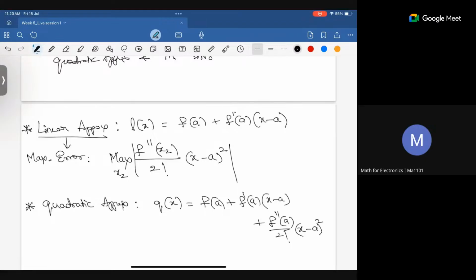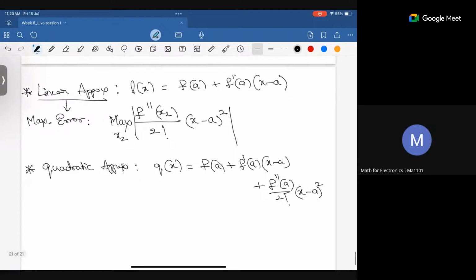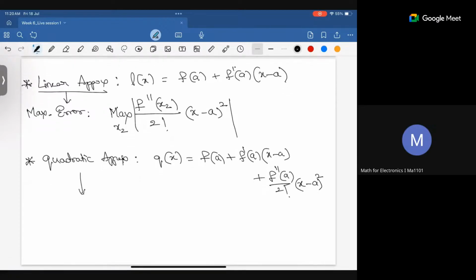The maximum possible error would be, as I said, it's a quadratic approximation, quadratic is 2, so in your max error you will have the third derivative, the next derivative, at some x3. So the max possible error is again the maximum value of f triple prime of x3 divided by 3 factorial into (x minus a) whole cube.